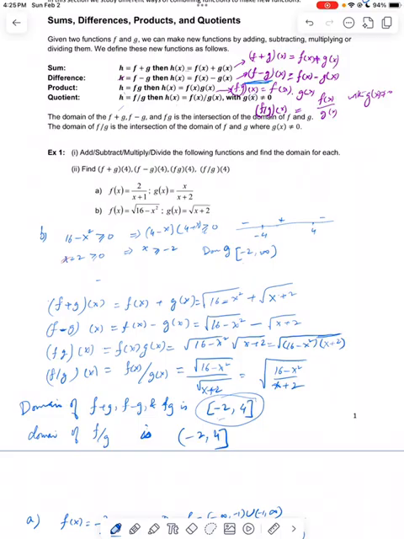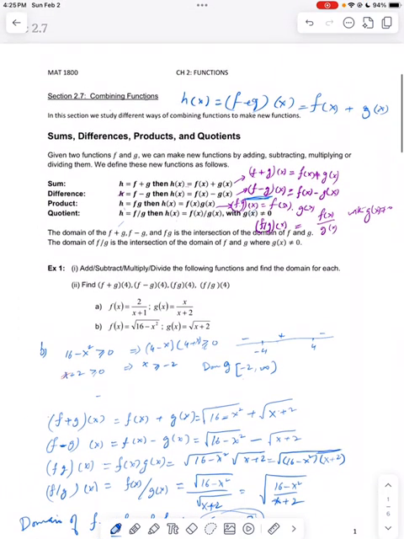The first thing I am doing is finding the domain of f and the domain of g, because remember, for f plus g, f minus g, and f times g, we need the common domain. We need it for f over g as well. So we need to find the common domain.